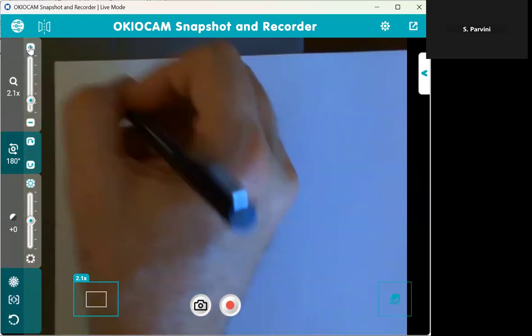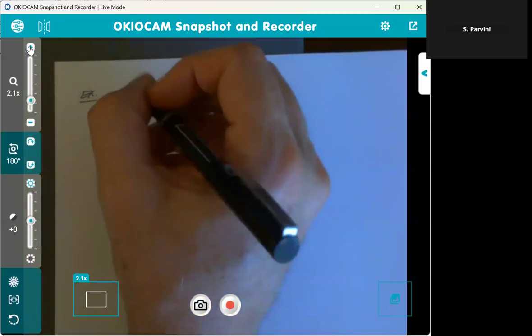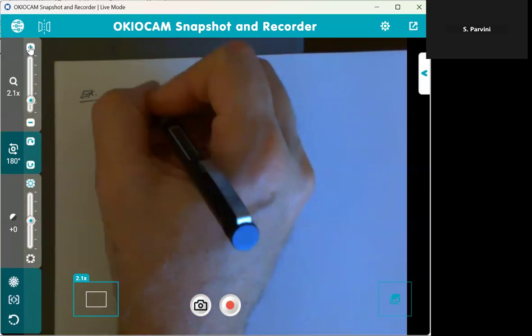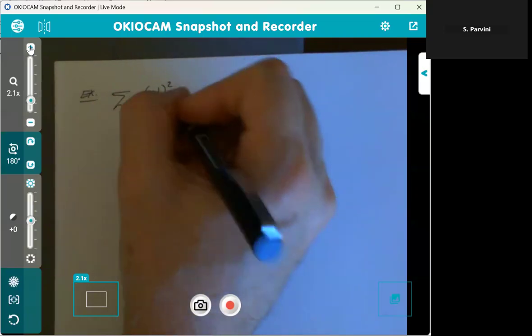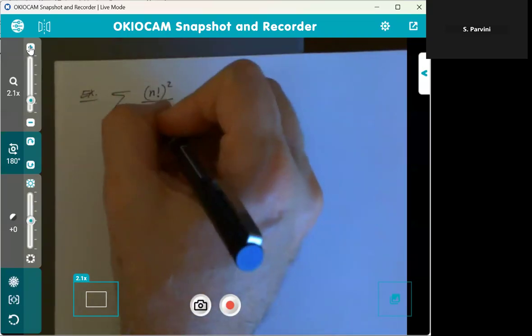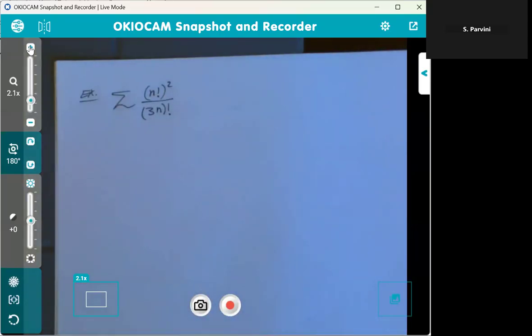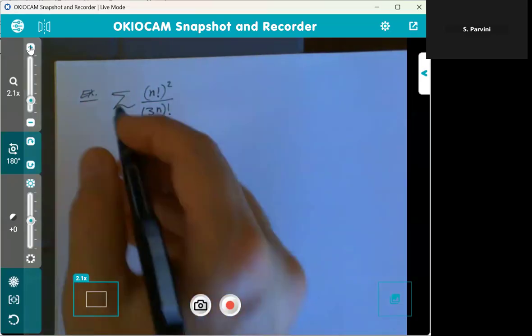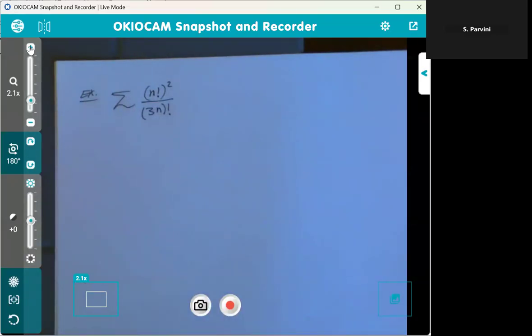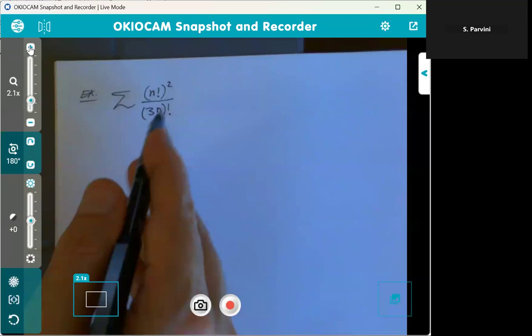We're going to look at the sum of n factorial squared divided by 3n factorial. Okay, we're going to look at that series. Now, this is a series of positive terms. It just happens to be positive.